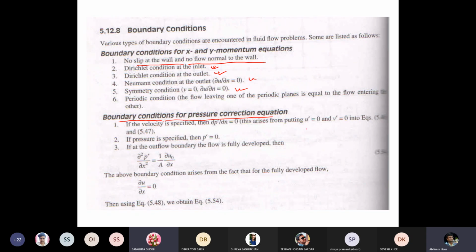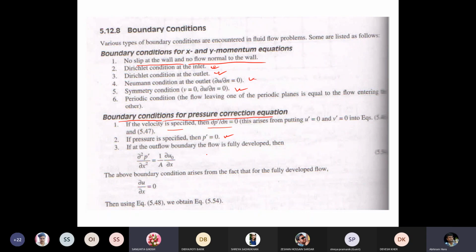This arises from putting u' equal to 0, v' equal to 0 in that equation, and if pressure is specified, then p' equals 0. So if the velocity is specified, we can take the boundary condition that the pressure gradient is 0, or you can consider the Dirichlet type boundary condition where p' equals 0.